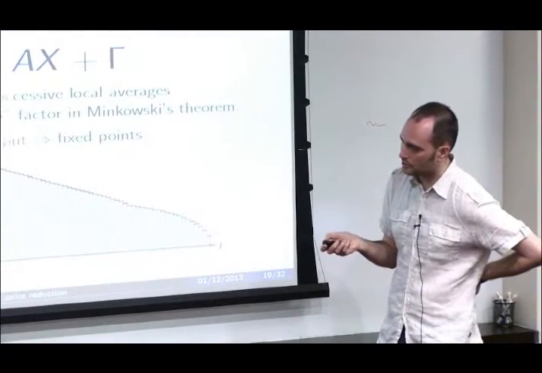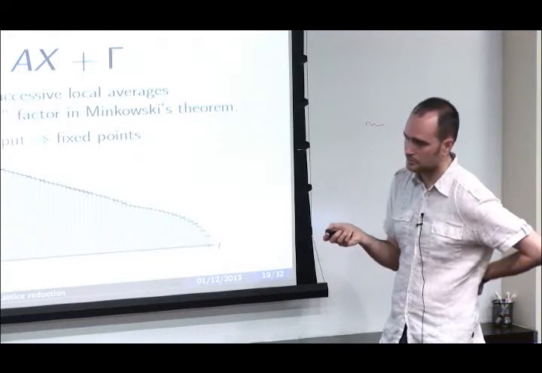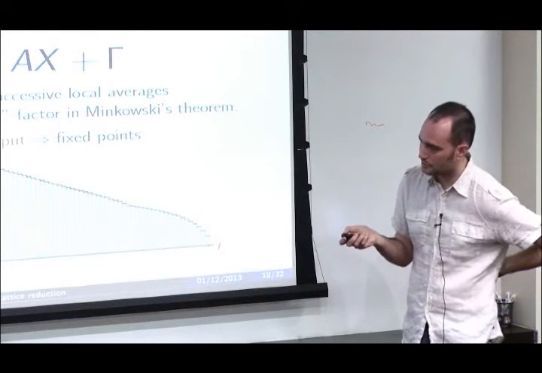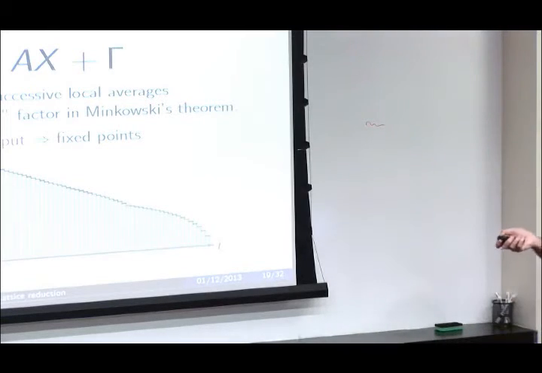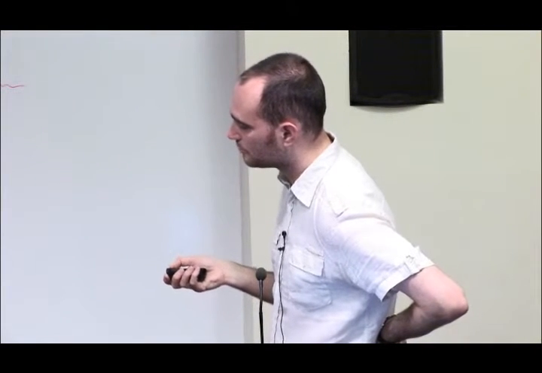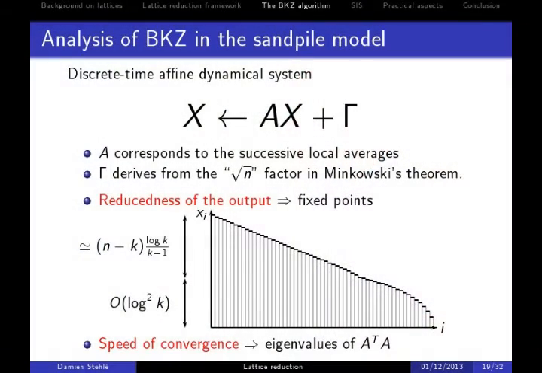So the more you increase k, the flatter it gets, because the rate of decrease gets closer to 0. And at the end, you have the shape of worst case HKZ reduced basis. So for the last block, you have a worst case HKZ reduced basis. And the speed of convergence is given by the eigenvalues of A transpose A.